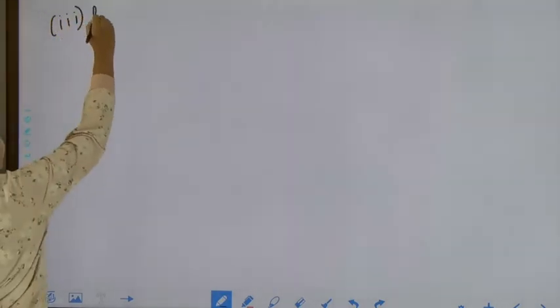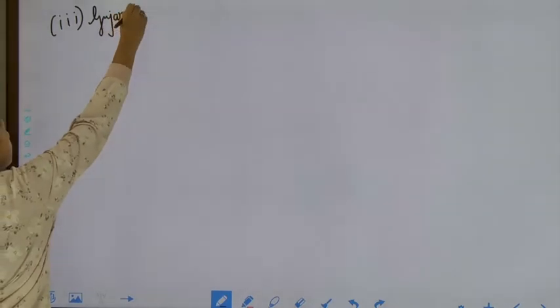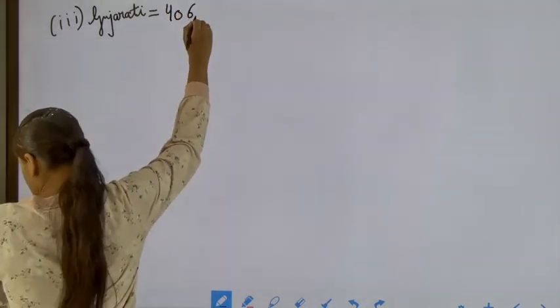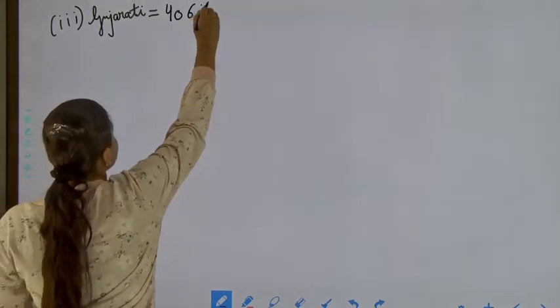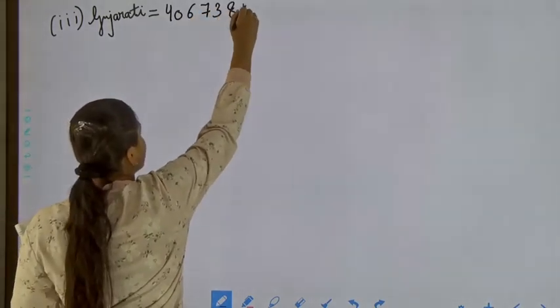That is the third part, that is Gujarati. Again, 40,673,814.